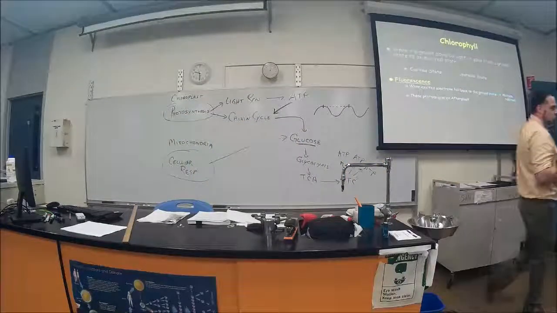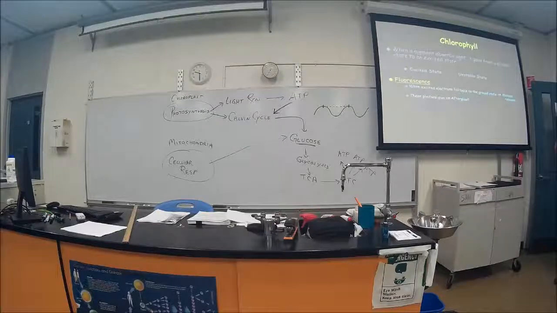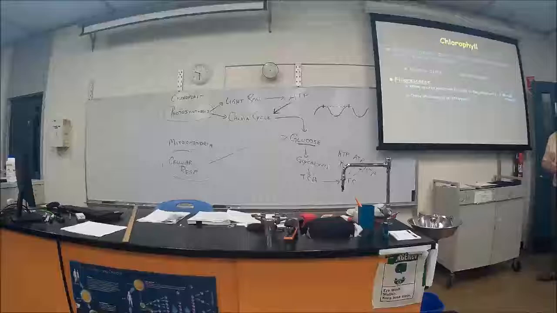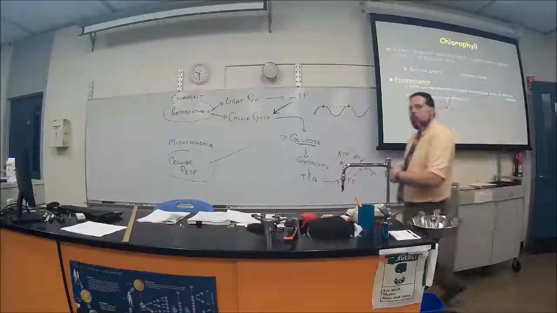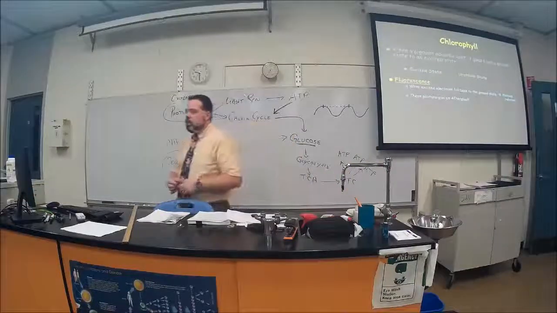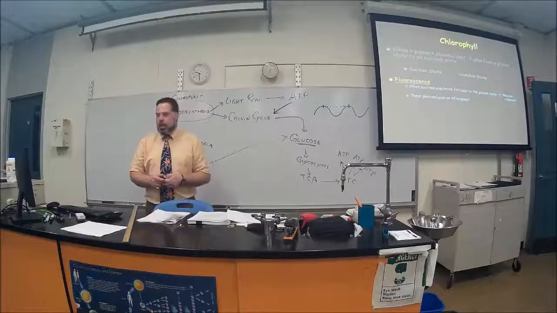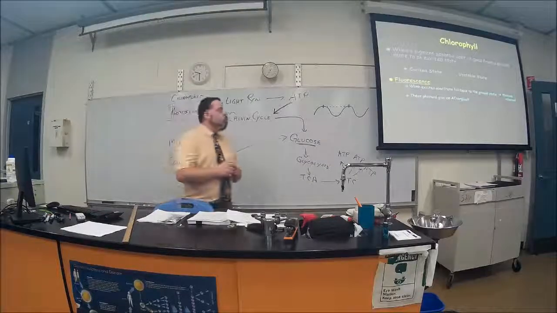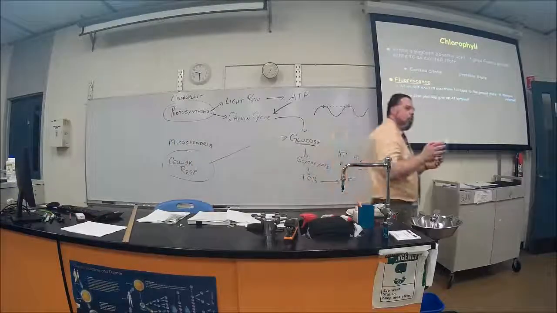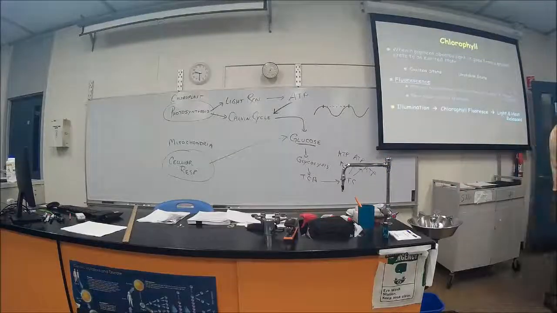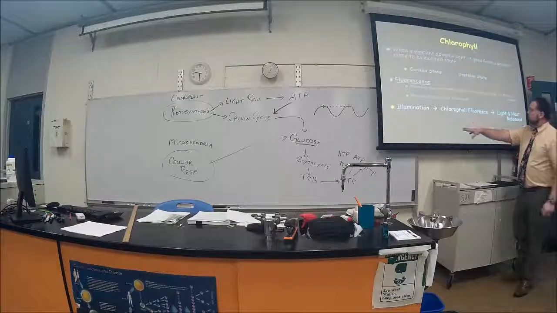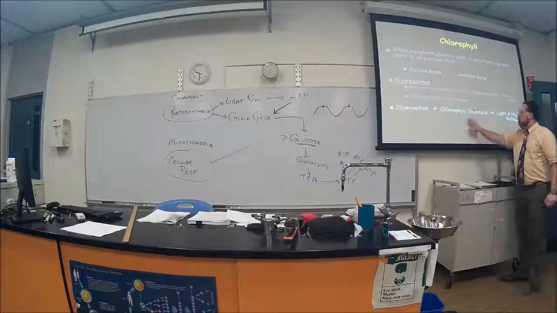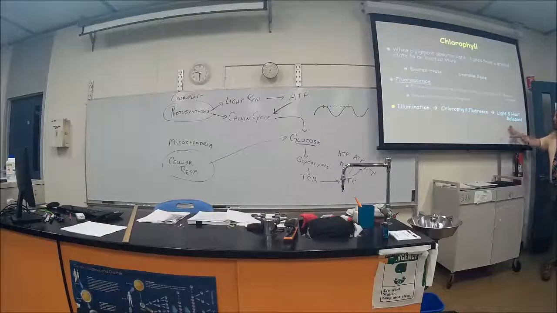So fluorescence is when excited electrons fall back to that ground state. Photons, energy, get released when it does this. And it needs to reset, so to say. And the photons give this afterglow. So illumination will lead chlorophyll to fluoresce, and the light and heat get released.